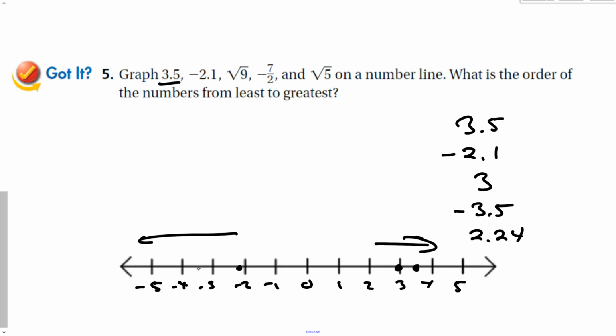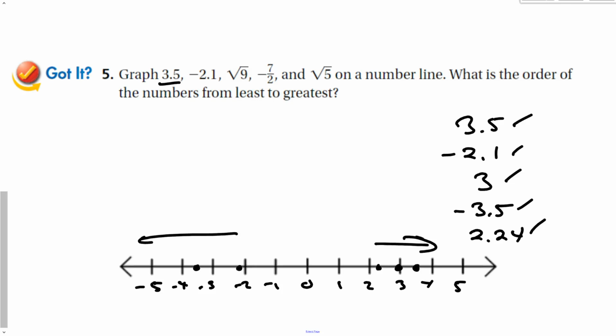Negative 3.5 is going to be halfway in between negative 3 and negative 4. And 2.24 is going to be right about there. Okay. And those are the numbers from least to greatest. So least would be this, then this one, then this one, then this one.